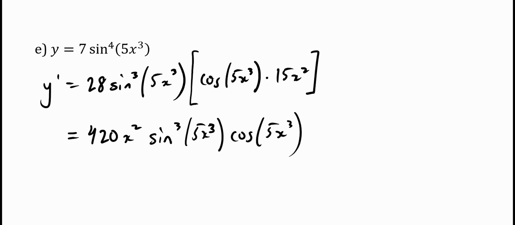So again, let me do this. I thought about it like this: 7 times sine of 5x cubed all to the 4. This could be anything, and it would be 28a to the 3. Right? But then a is a derivative and we're going from there. Everybody okay with that? All right.